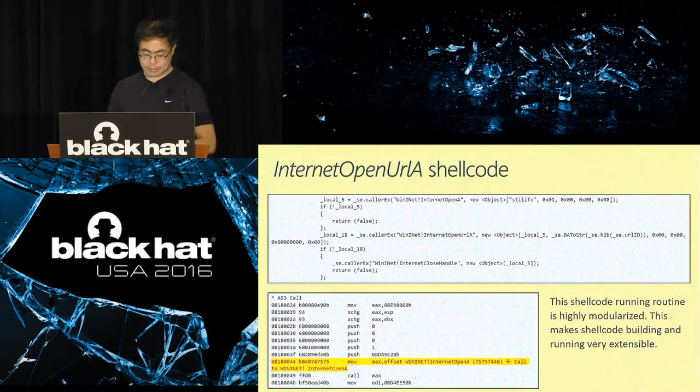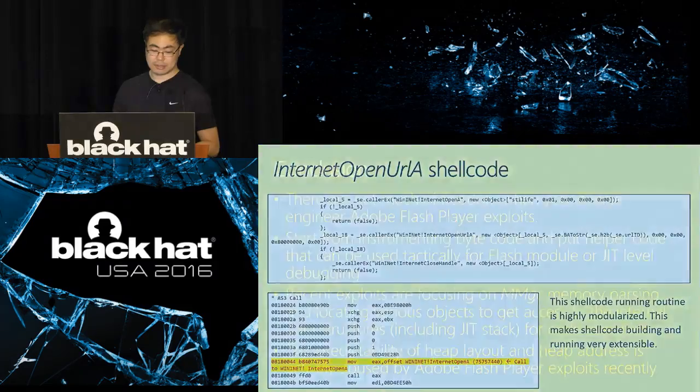And whenever the customer who bought this exploit wants to modify it, it's very straightforward because it's not writing native-level shellcode. It's more about writing ActionScript code. So just rewrite some ActionScript code, and you have your own shellcode.